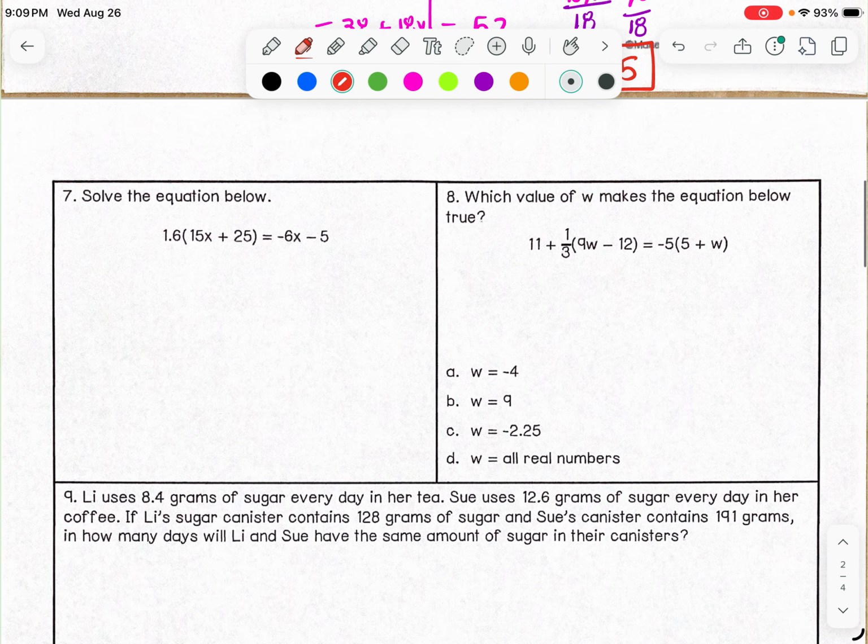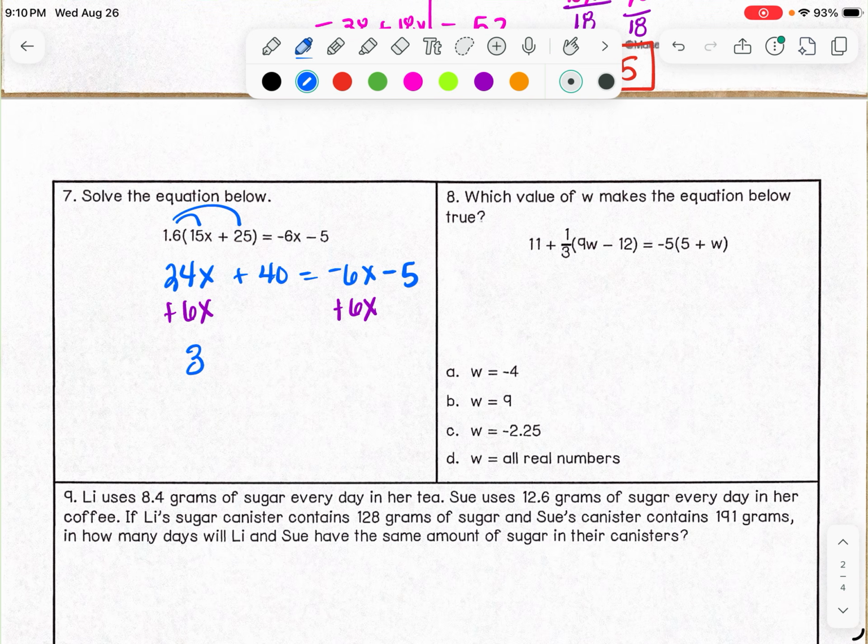Number 7, solving this equation. This is another distributive property problem. Yay, the distributive property. We got 24x plus 40, and then negative 6x minus 5. And then really it's just like the last equation because you have variables on both sides. So you're going to add 6x to both sides first.